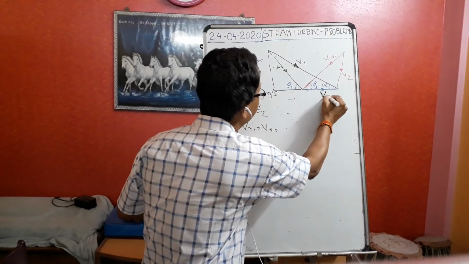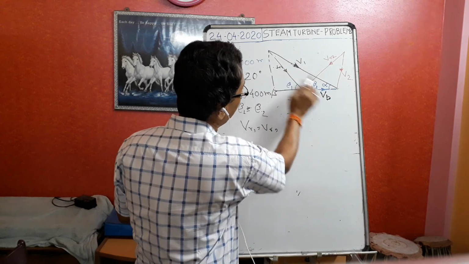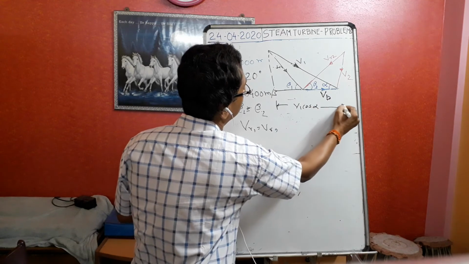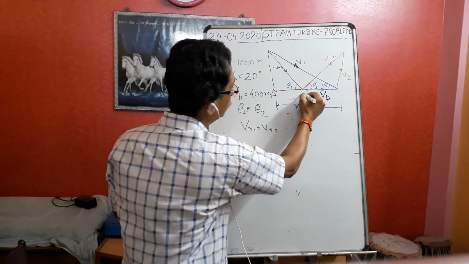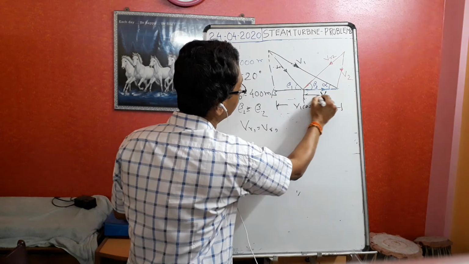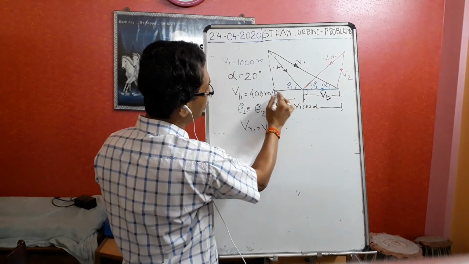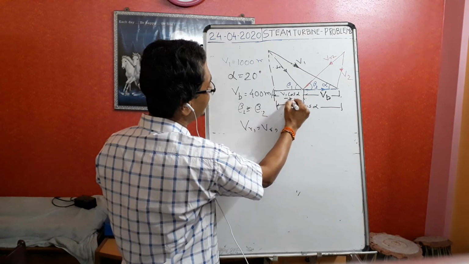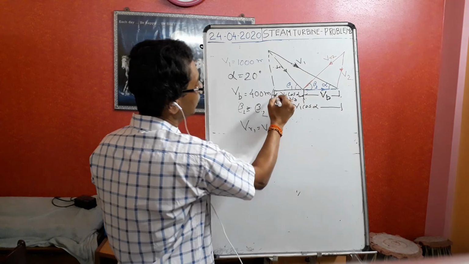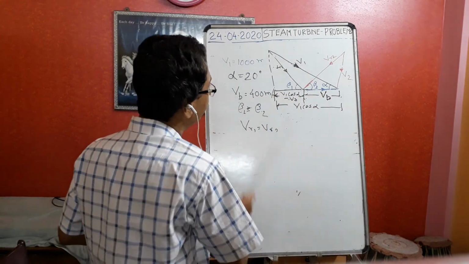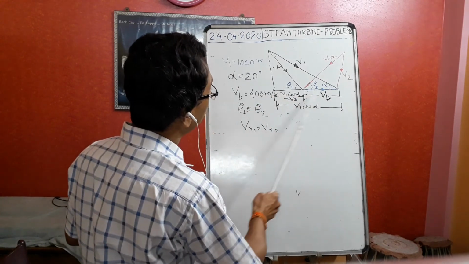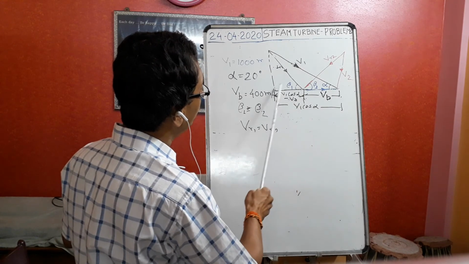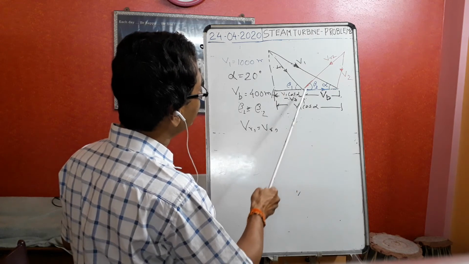So this is VB, this is V1 and this is alpha, so this whole portion will be V1 cos alpha. This portion is V1 cos alpha minus VV. What will be this one? V1 cos alpha minus VV.